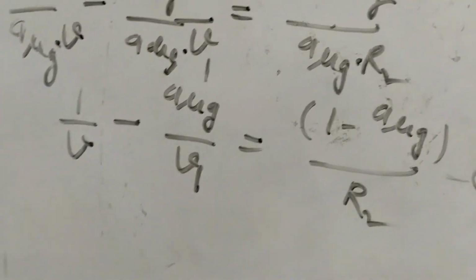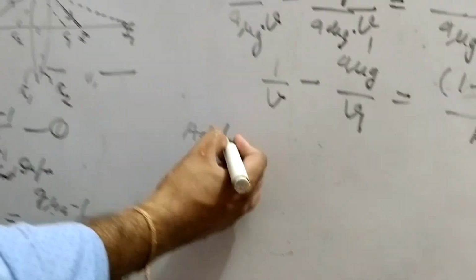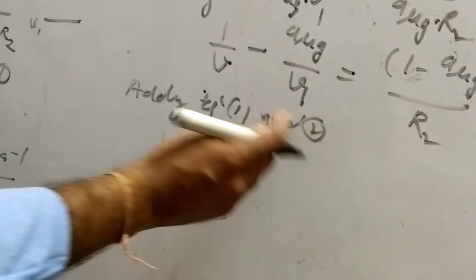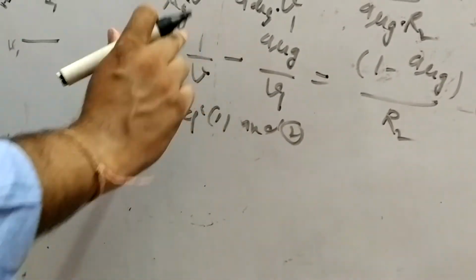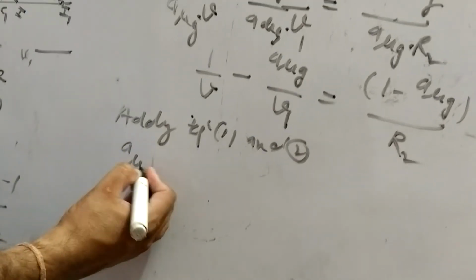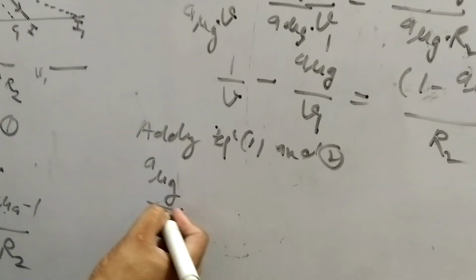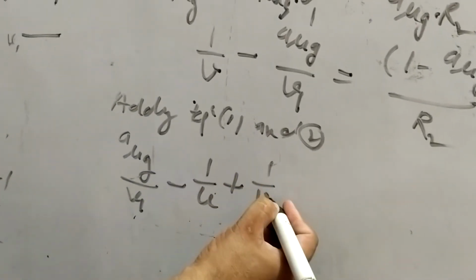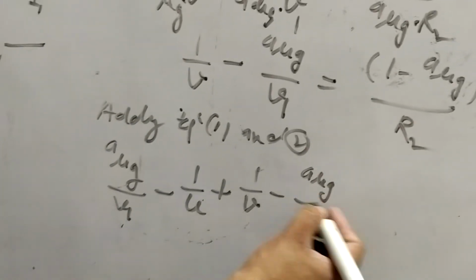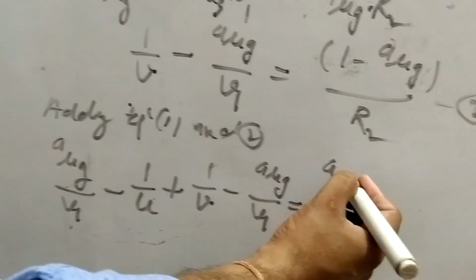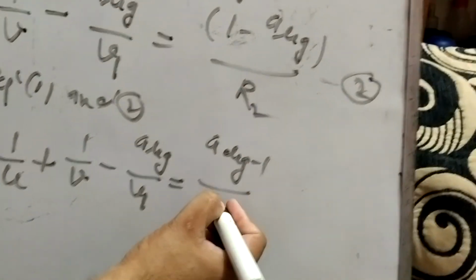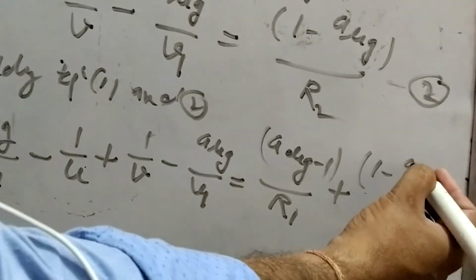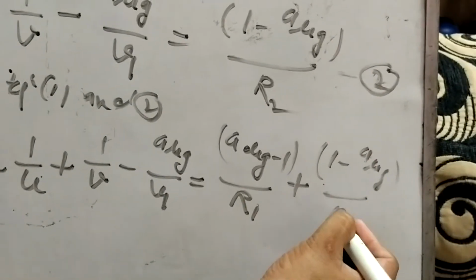Okay, now adding equation first and second. If we add this with that equation, aμg upon V1 minus 1 by U plus 1 by V minus aμg upon V1 is equal to aμg minus 1 upon R1 plus 1 minus aμg upon R2.